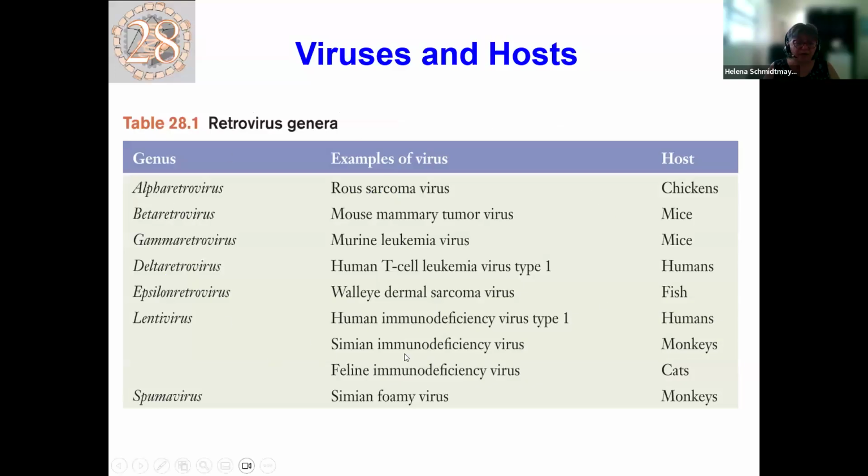And here are all these viruses. So for humans, HIV, a lentivirus. Lentiviruses are highly species specific, so HIV only infects humans, SIV only infects monkeys, FIV only infects cats, and so on. Other viruses which infect humans are HTLV1 and HTLV2. They are both delta retroviruses.